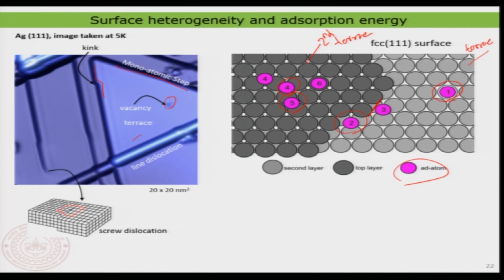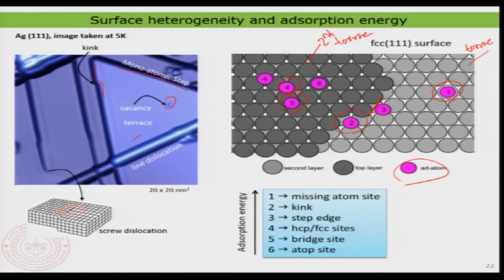So, now the question that you would ask, because we have already seen that depending on the site the adsorption energy is going to change, and we have already seen the hollow sites have the higher adsorption energy than the normal top site. Now the point I want to make, in this variety of adsorption sites, if you take the vacancy, this is where the atom is going to occupy the most, because it has the highest coordination, because you can see here I have 6 atoms in the layer and 1 atom below.